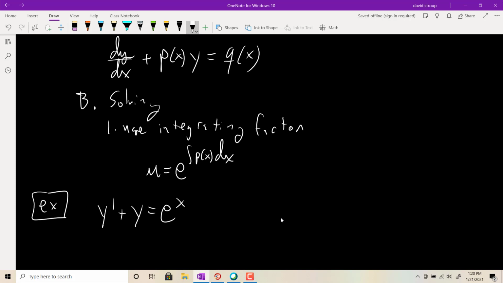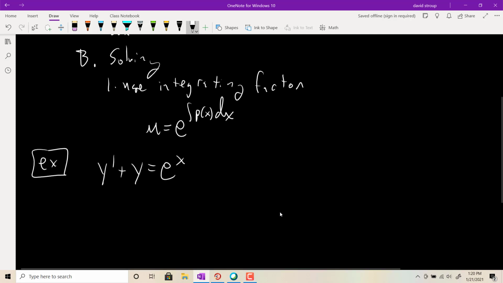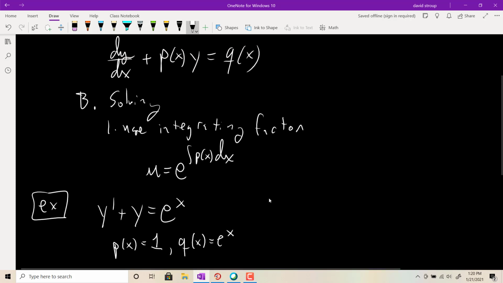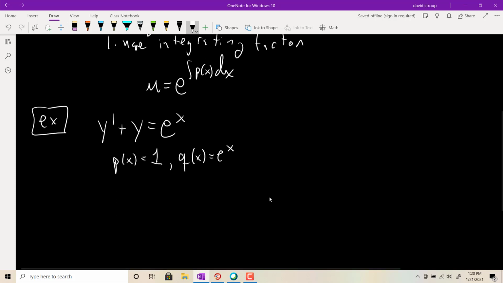In this case, p of x is 1, the thing in front of y, and q of x is e to the x. Okay, so it's already in the form. If it's not in the form, you're going to have to change it. And you definitely don't want a coefficient on the y prime part, so you can't have anything in front of that.